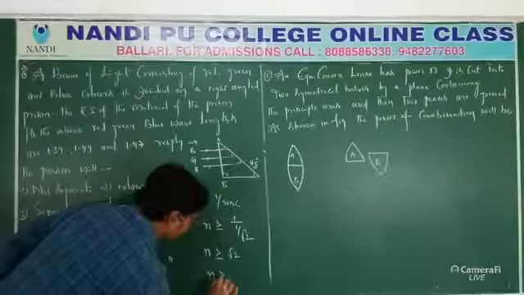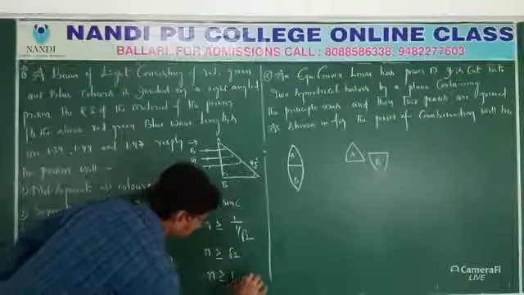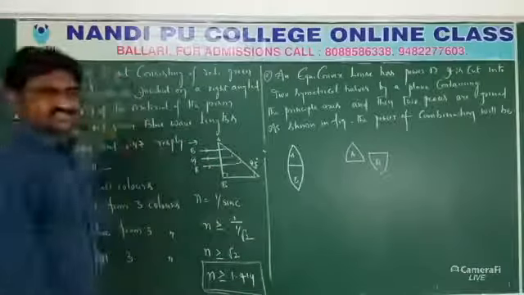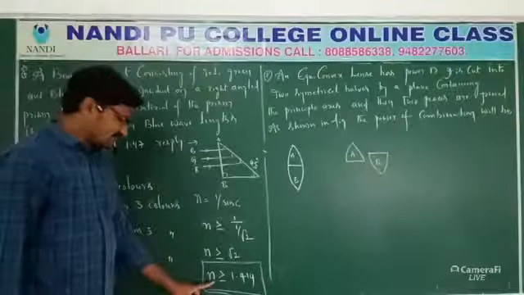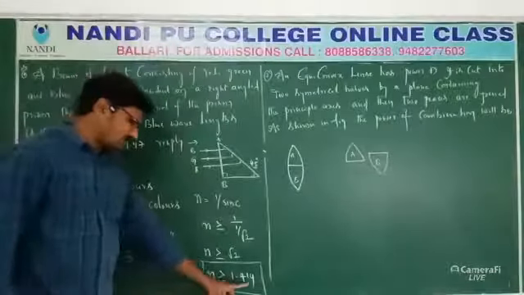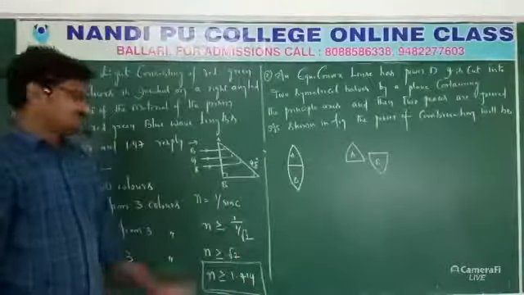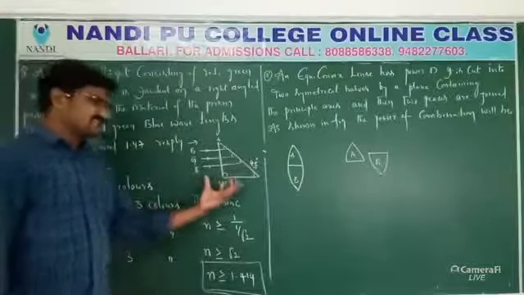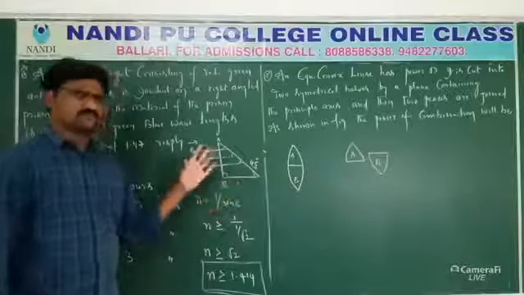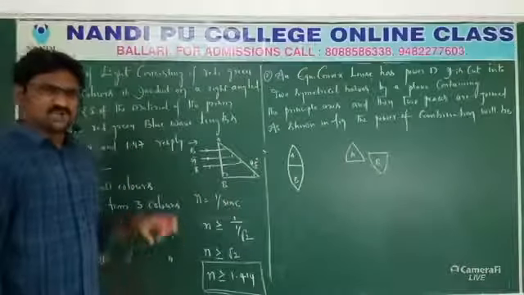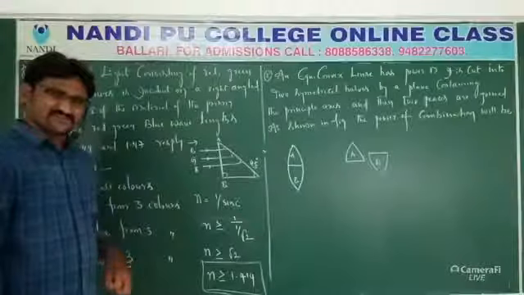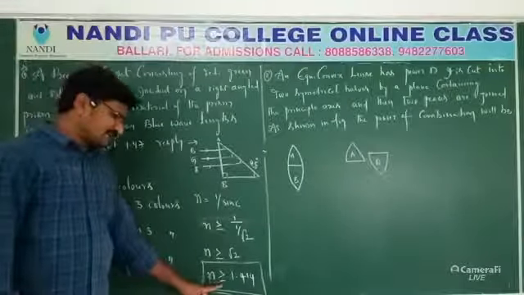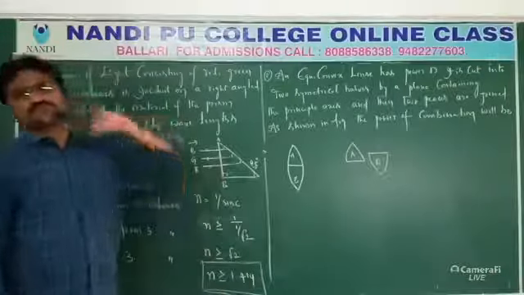So n is greater than or equal to 1.414, which is the condition for total internal reflection when theta equals 45 degrees. What is the condition for this particular prism? Whatever the prism, when it is a right angled prism, the condition to get total internal reflection is n value greater than or equal to 1.414.